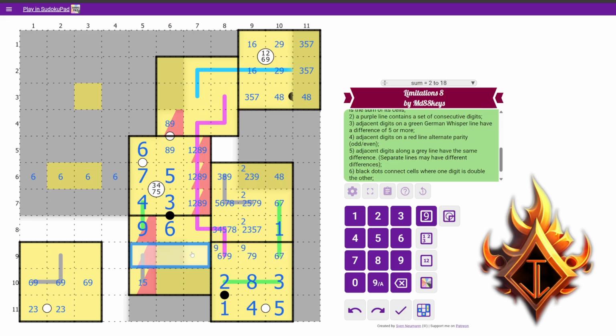Well, 2, 8, 3. This does not have. Oh no, wait, hold on. This one could have 1.